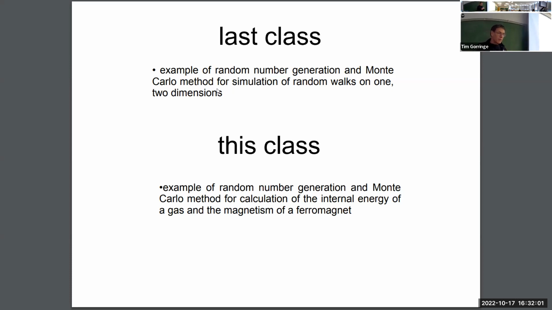So they too are random walks, like the Brownian motion was random walk, but they're through these different spaces of states of a gas, states of a solid, that will allow us to explore and understand the properties of the gas and properties of the solid. And so we're going to do that in today's class. We're going to do some more of that in Wednesday's class. So it's kind of the theme for this week, I guess.